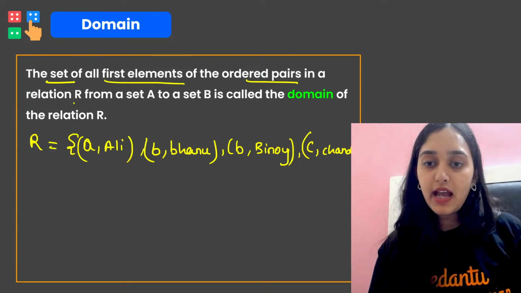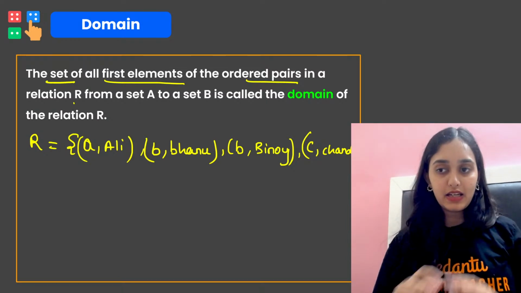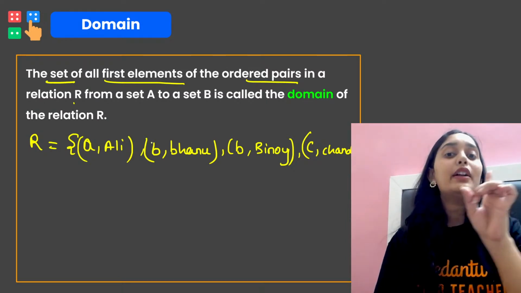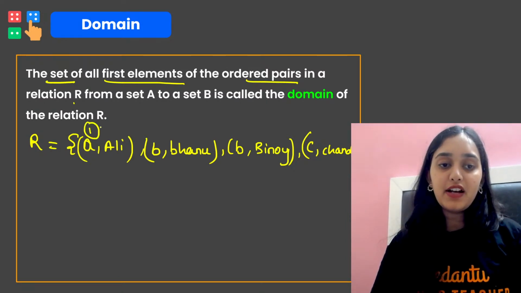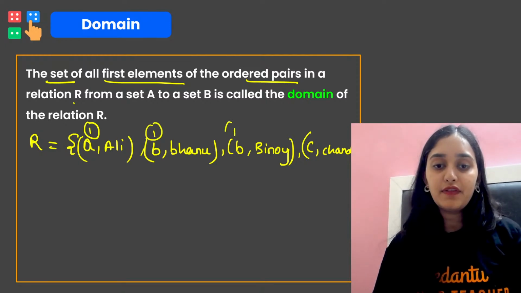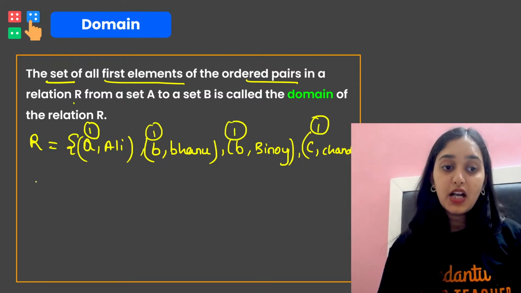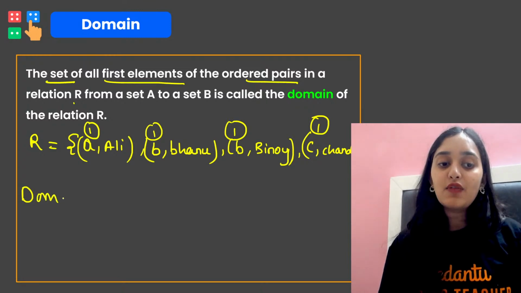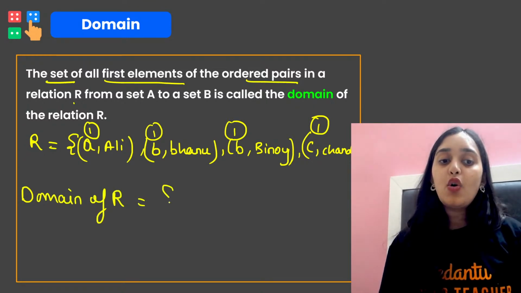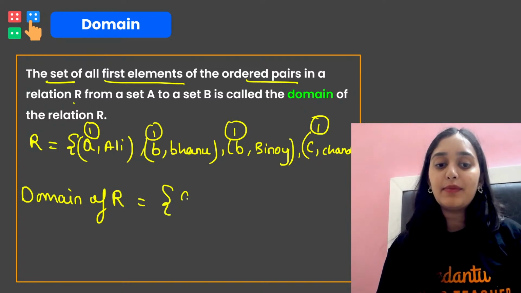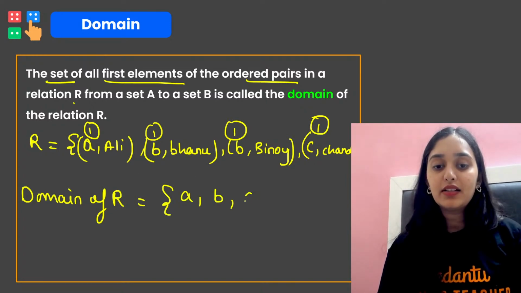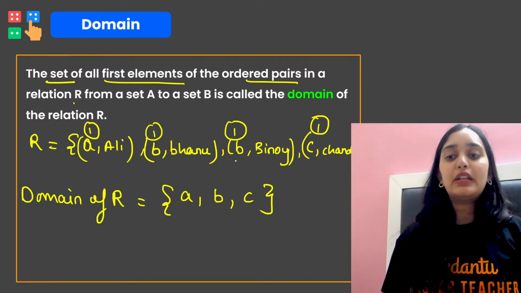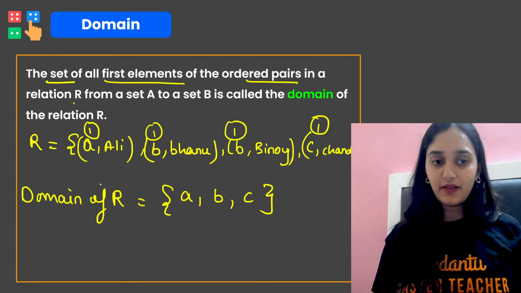Now, in this relation that I have defined, what are the first elements? This is the first element, first element, first element, first element. So, if I ask what is the domain of R? Domain of R is all the first elements A, B, C. No need to write B two times. Only a single time you can write it.